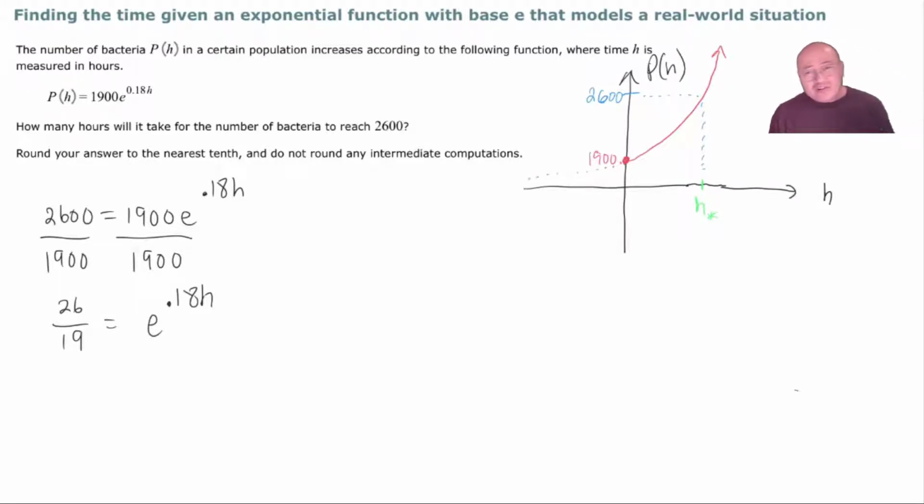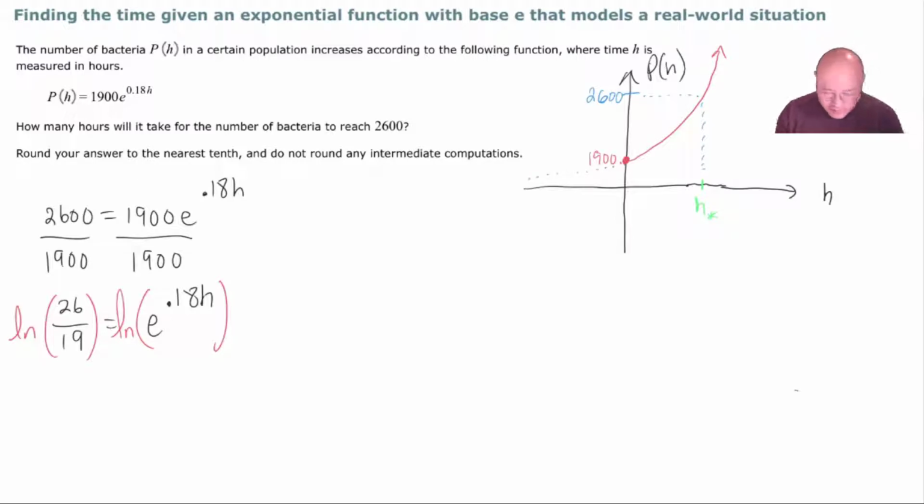Now we use the natural log function, which is the inverse function of the exponential function. That's how we're going to get h. We take the natural log of this side, and the input is 26 over 19. We take the natural log of the right-hand side, and the input is e raised to the 1/800th times h.